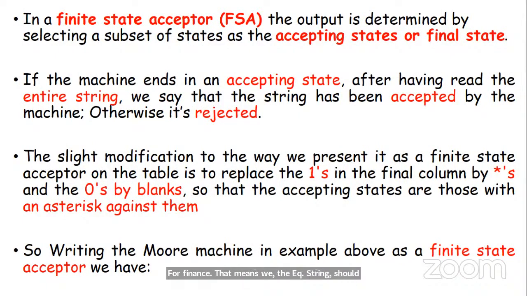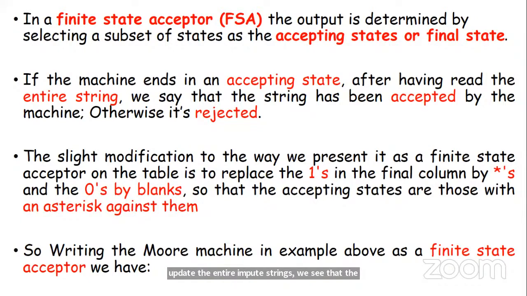So if the input string doesn't stay at this state where it is supposed to be accepted, we will say that it is rejected. So if the machine ends in an accepting state, after having read the entire input string, we say that the string has been accepted by the machine.